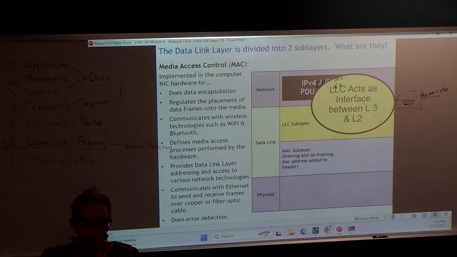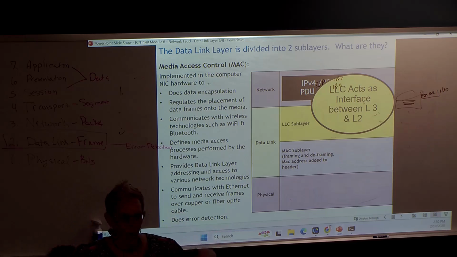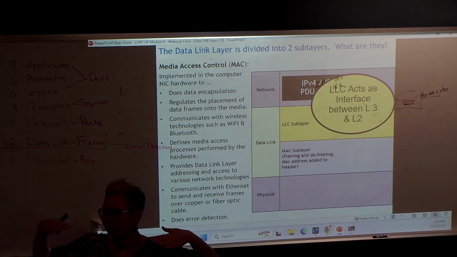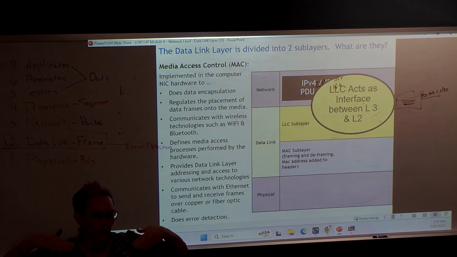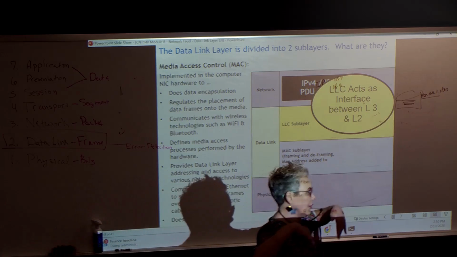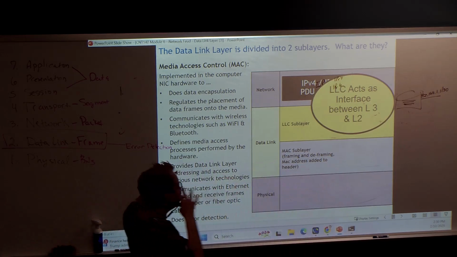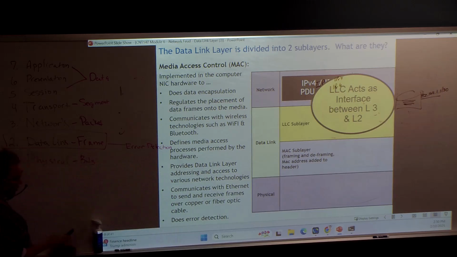It doesn't know what the IP address is. It doesn't know if there's a PNG or a JPEG in there. It's just like, well, I've got a job to do. I've got to wrap this frame up, wrap up this data, and move this data through. That's all it does. The switch just isn't smart enough.